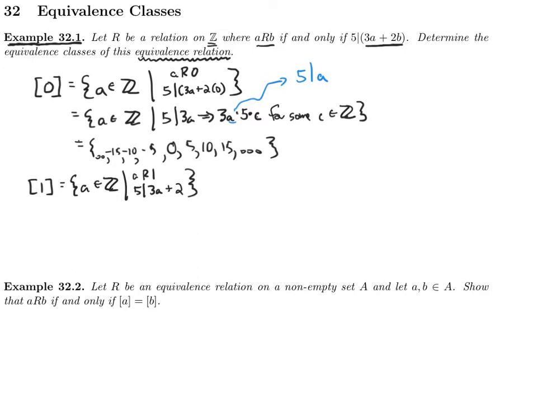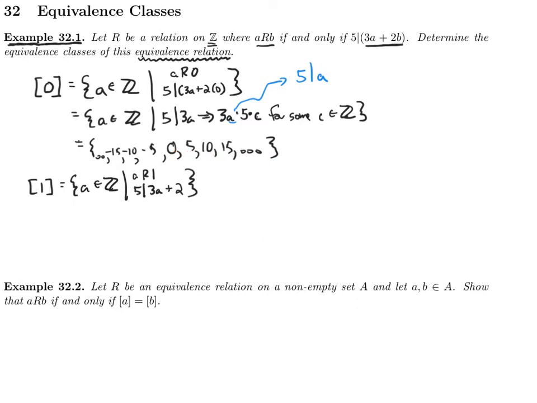So let's explore what this means a little bit. And the idea for this one will apply for the other equivalence classes as well. A good thing to note, and we can try this, is that the numbers in this equivalence class differ by 5.